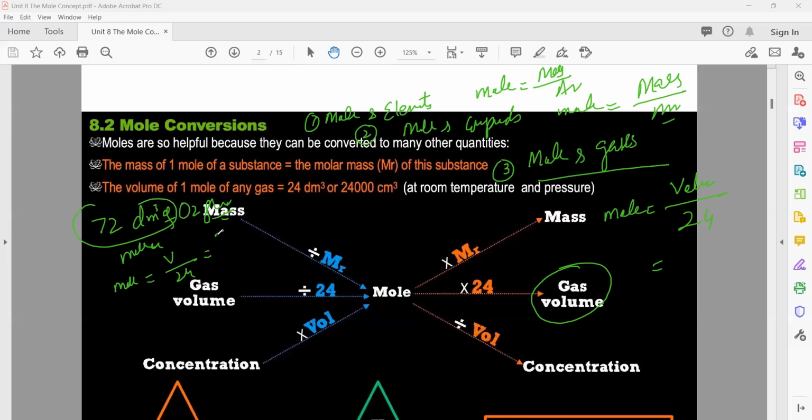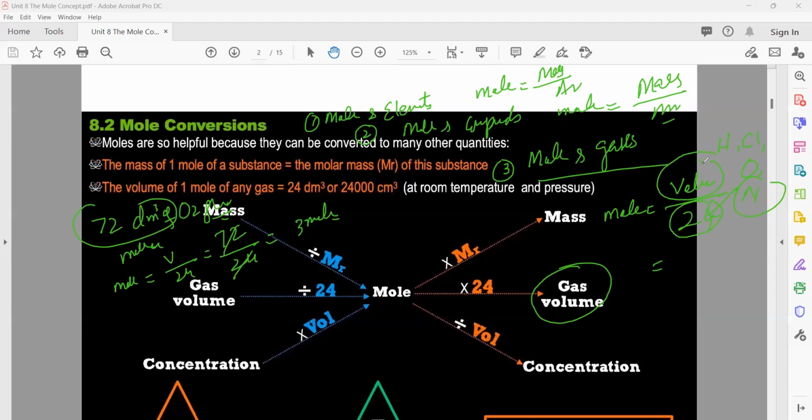The volume is 72, divided by 24. So 3 moles are there. So mole of a gas is really easy. You just need the volume and divide by 24. Whether the gas is hydrogen, chlorine, oxygen, nitrogen, any gas, you just divide it by 24.